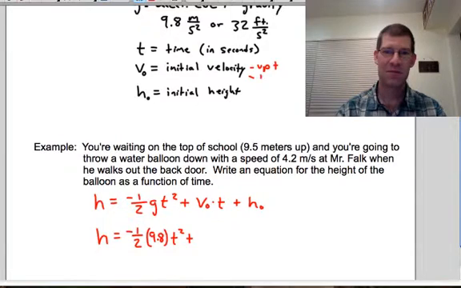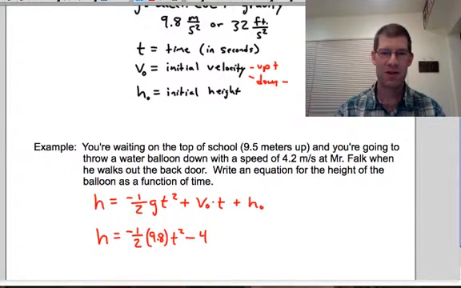So then down is going to be a negative. So then really becomes plus a negative velocity, or simplified just to say minus. My initial velocity is 4.2. And again, I made it minus 4.2 because it's downward, times t, plus my initial height of 9.5. And that'd be the height equation you could use.